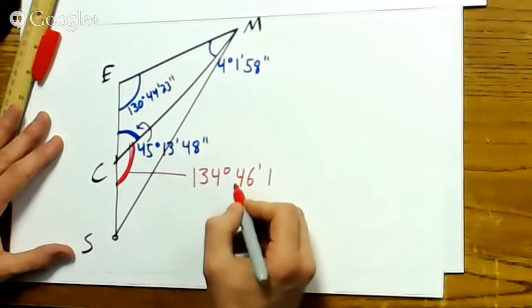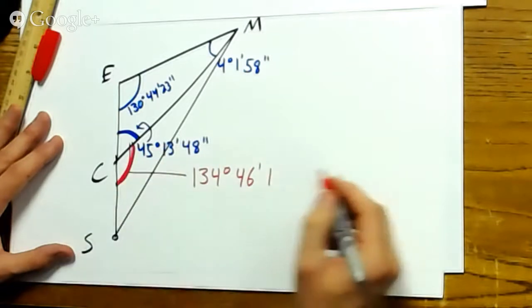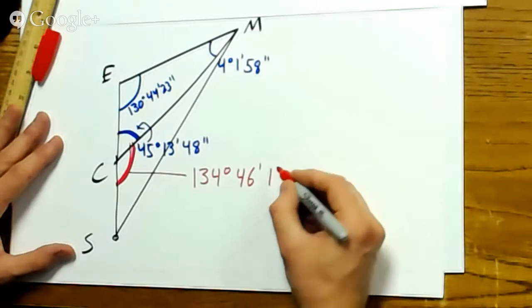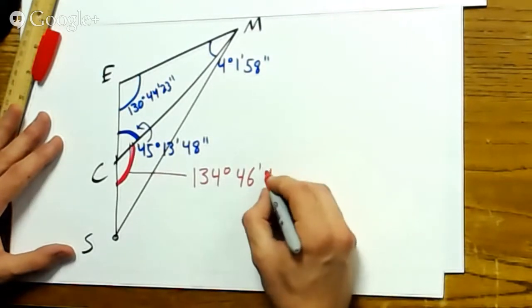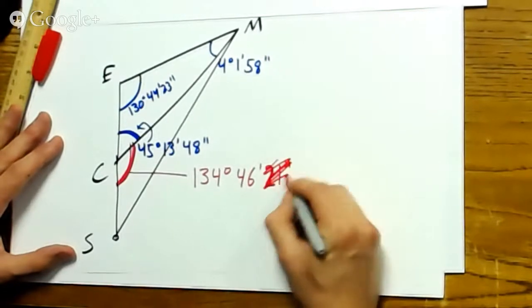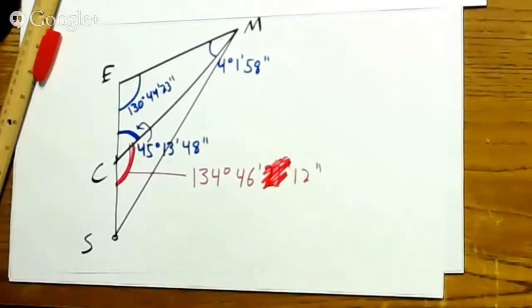Well, just from this number, it would be 12 seconds, because 12 and 48 make 60. Okay, I'm going to put 12.